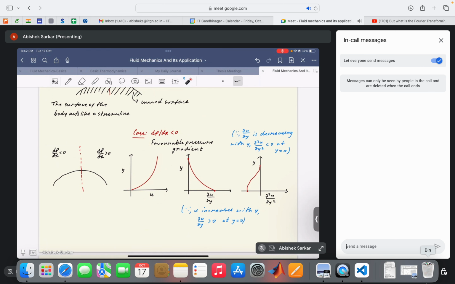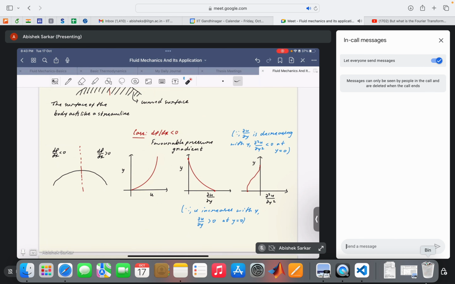Why? See, since velocity increases, the slope is positive. There is a very abrupt increase in the velocity at the lower values of y, and this abrupt change in u basically reduces as we move up towards the boundary layer edge. So this variation in velocity consequently decreases as we move up the boundary layer, right?